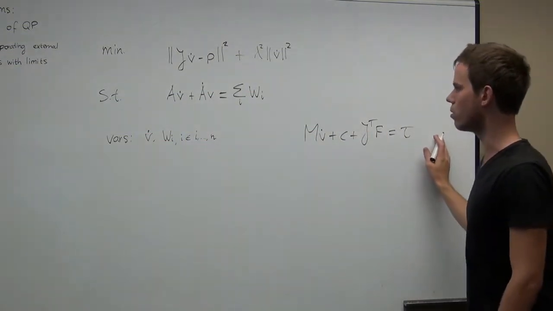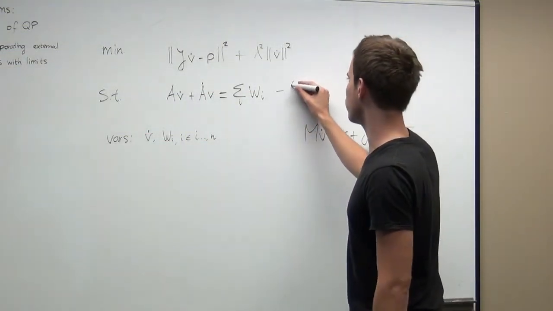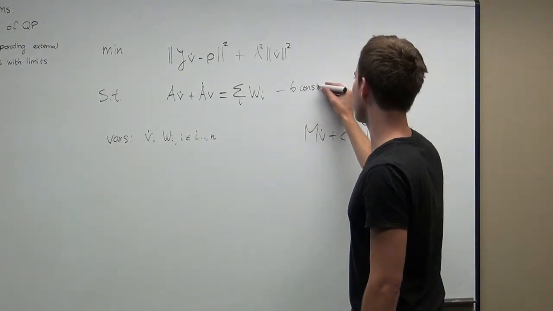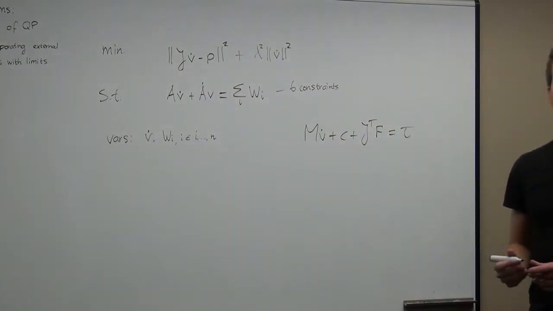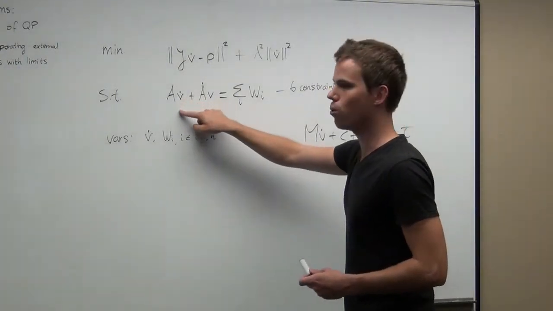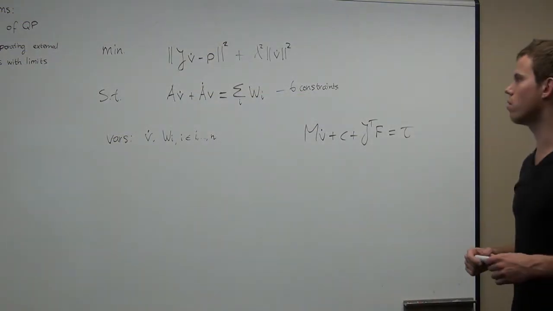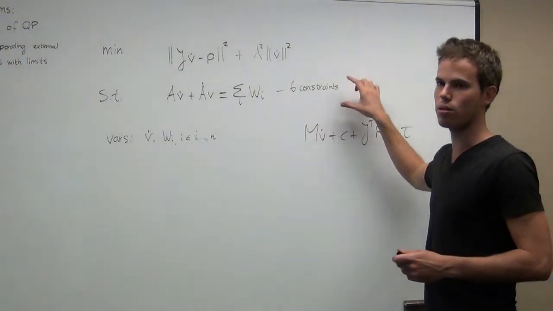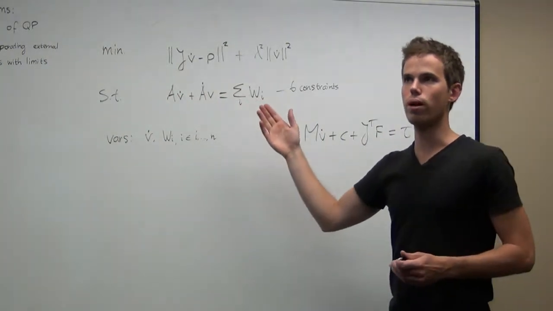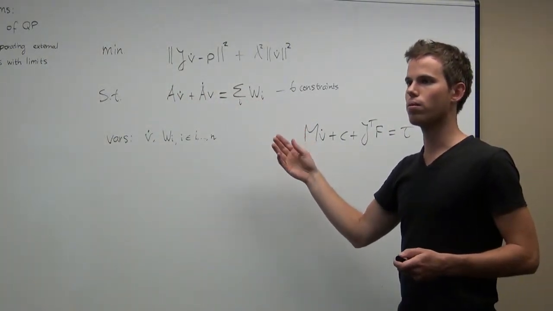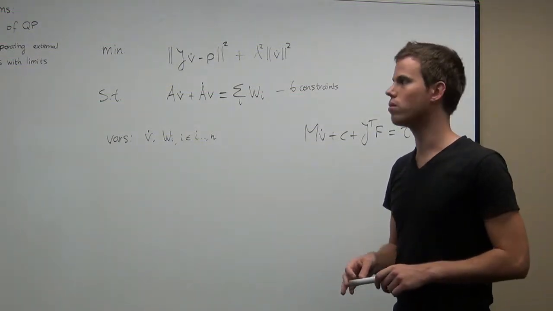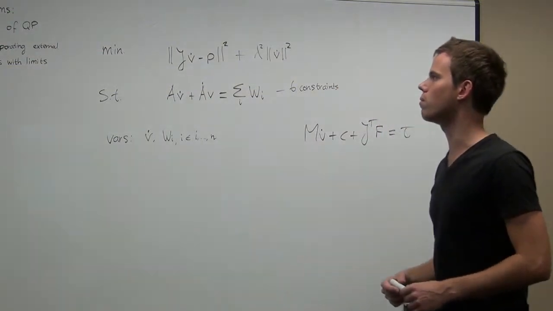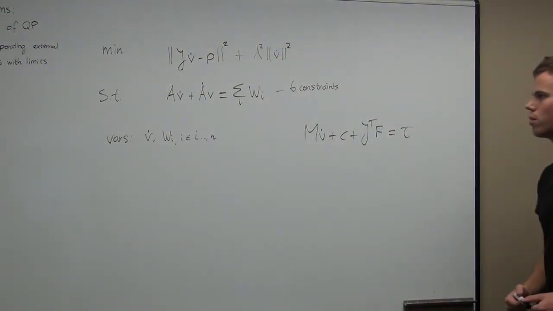That's a whole lot of constraints, and here we have 6 constraints, no matter how big your robot is. Sure, the v dot vector will grow, but the number of constraints necessary to write down what accelerations are feasible for given wrenches stays the same. So that's a really nice property. You just lose the maximum joint torque constraints.